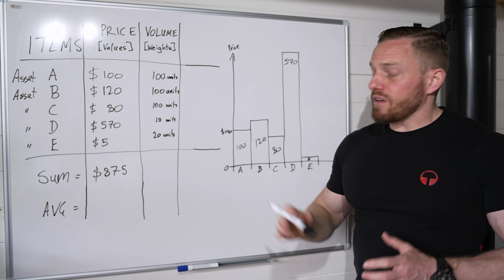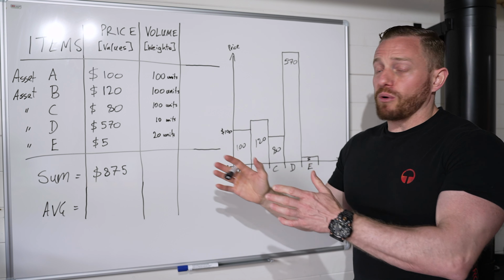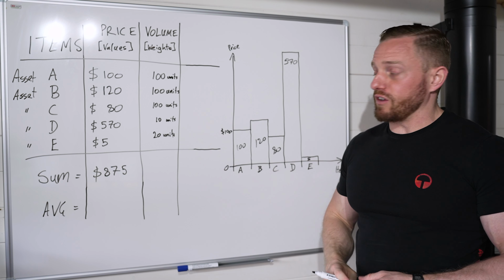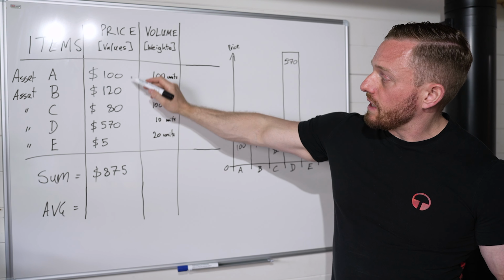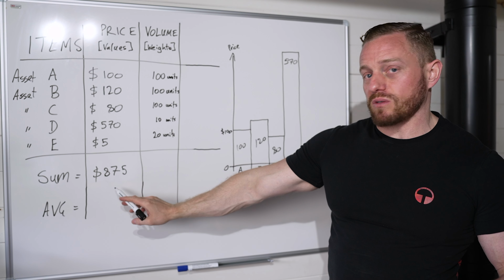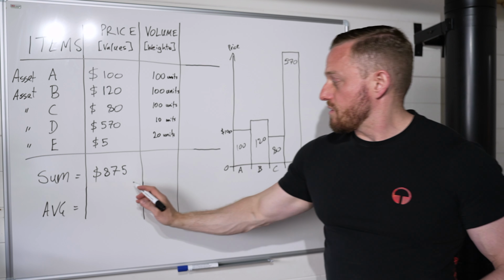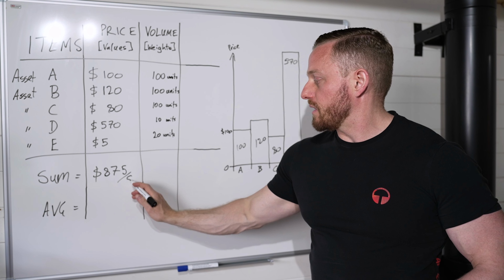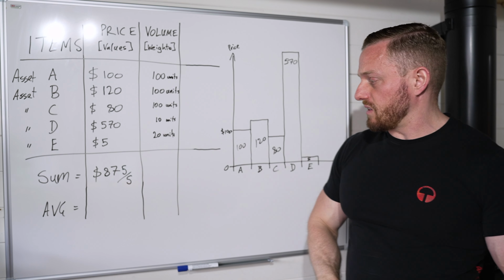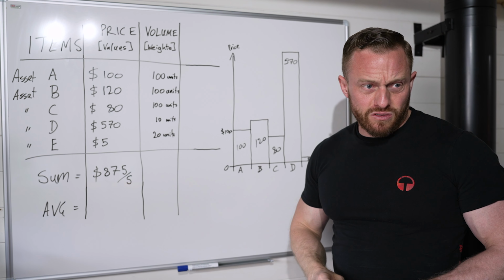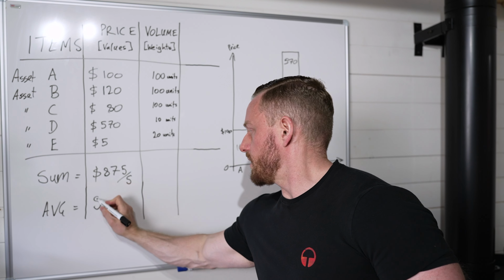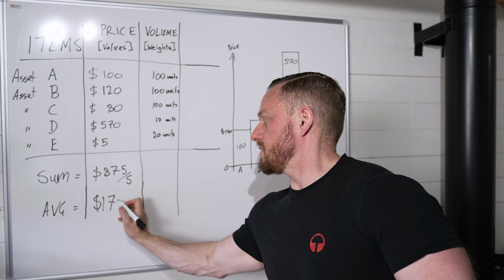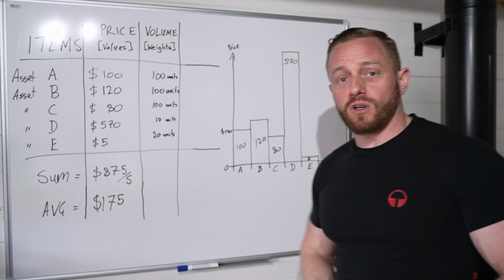Now, if I just calculate the simple average from those 5 prices, we just add up all of those, which comes to 875, then divide that by the 5 assets, and that comes out at $175.